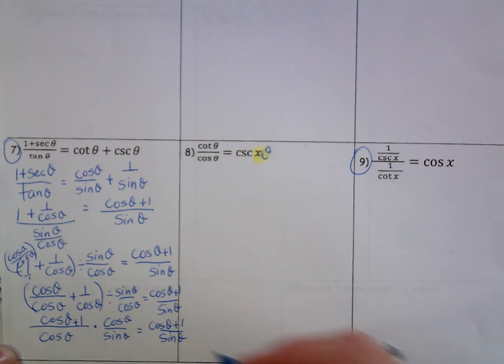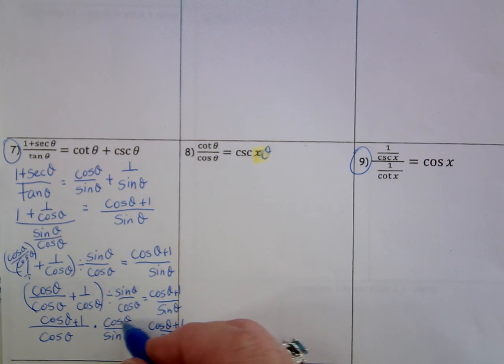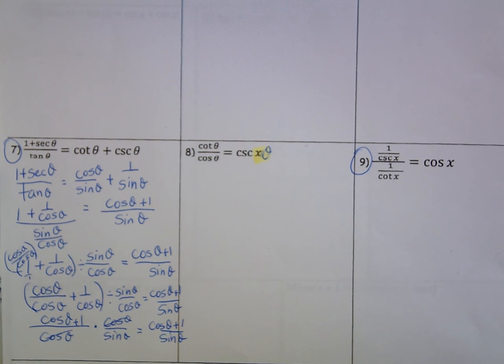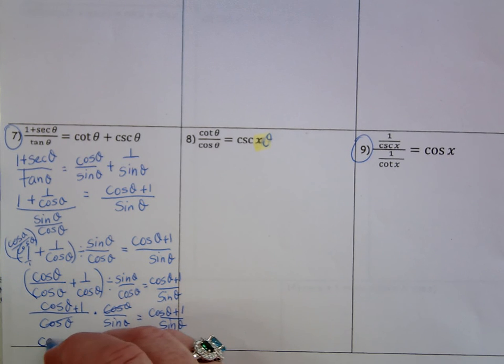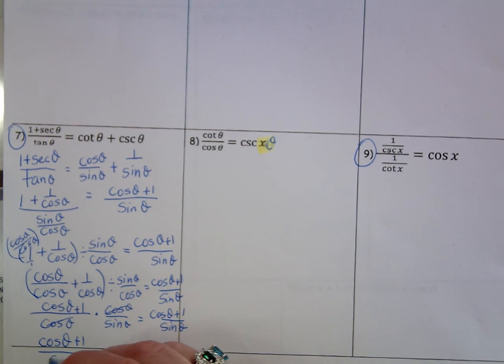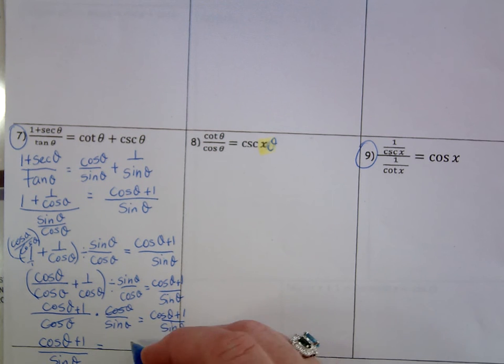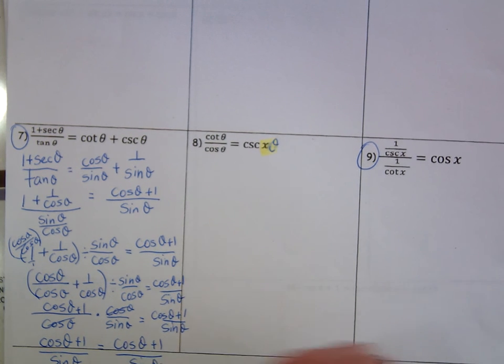Let's see, one more step. This cosine on the bottom cancels with the cosine that's up on the top there. Top and bottom cancel. And so I am doing a happy dance because I can see that the cosine of theta plus 1 over the sine of theta is on the left. And I've got the cosine of theta plus 1 over the sine of theta on the right. And I have just verified that that is a true statement.